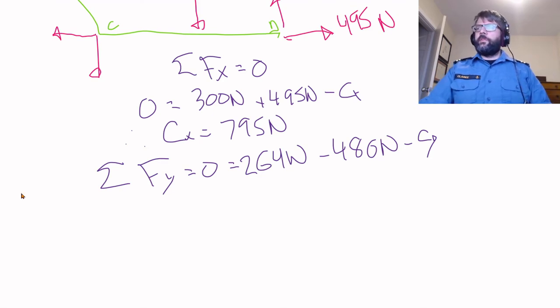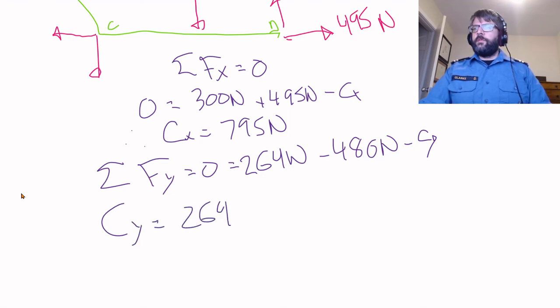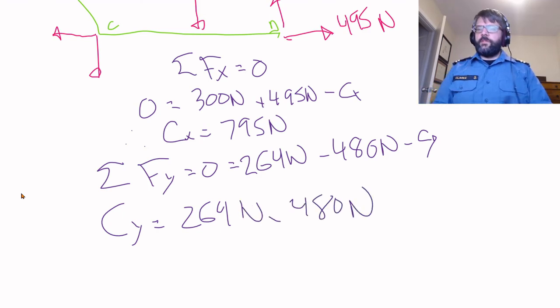So we can solve for Cy. Cy is equal to 264 newtons minus 480 newtons. So Cy is equal to negative 216.